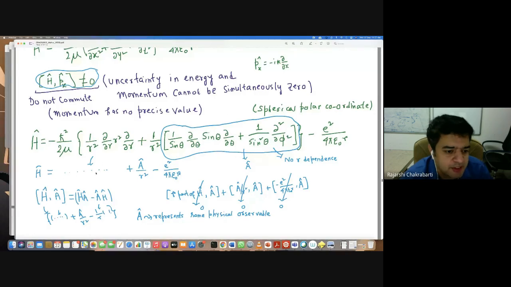So my Hamiltonian is a part which is a radial function of r only, plus A, which depends on theta and phi, divided by r square, minus e square by r. Now, can you tell me whether this Hamiltonian will commute with A, just by looking at it?